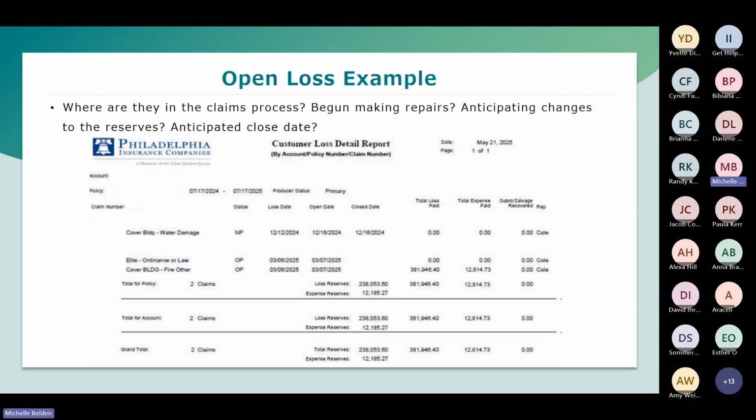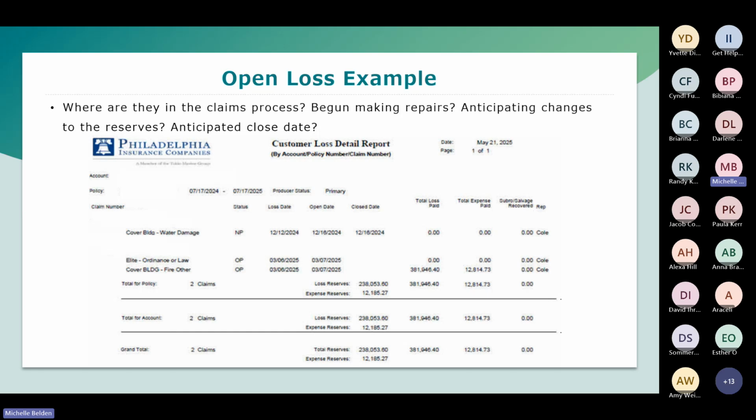If there is a reserve set on an open loss, generally we'll ask if there's any known instance where the reserve could increase. Sometimes they'll set the reserve kind of high, and then once the loss finally closes out and pays out, it could pay out much less than what the reserve was originally set at. So we just want to know this information.